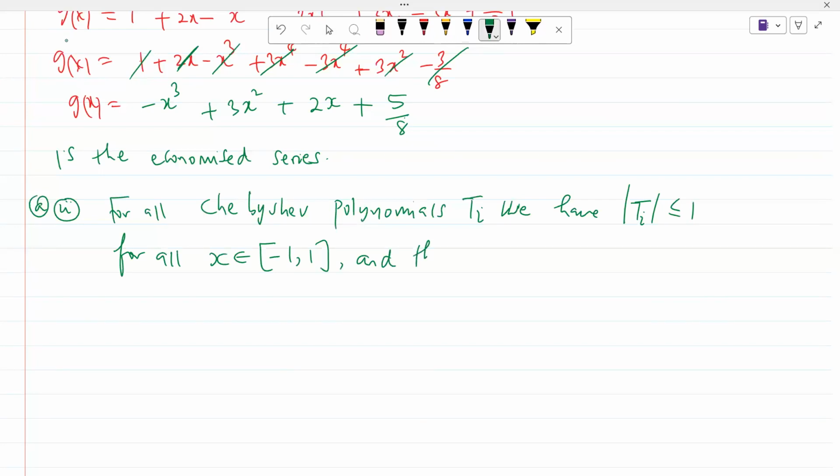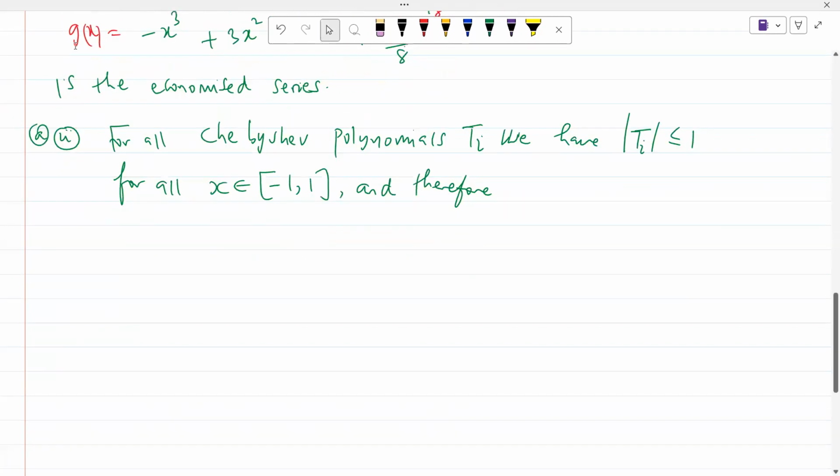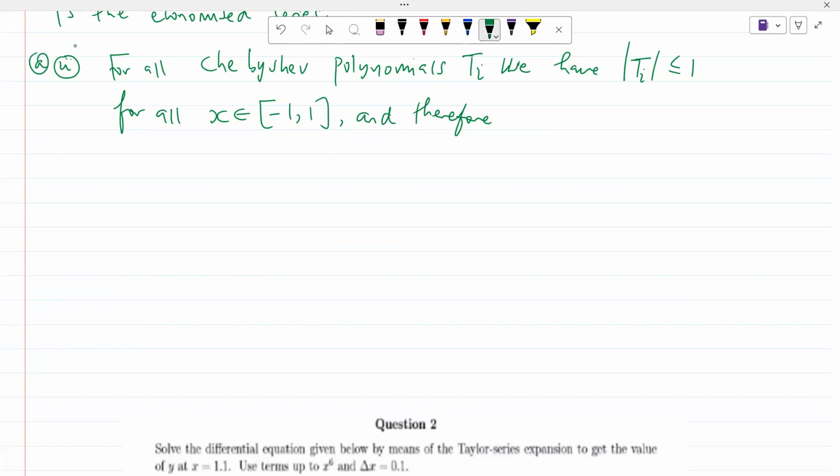And therefore, what difference is the question talking about? The question is talking about the difference between the truncated power series and the economized one.